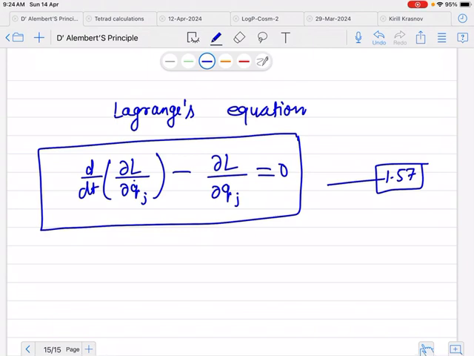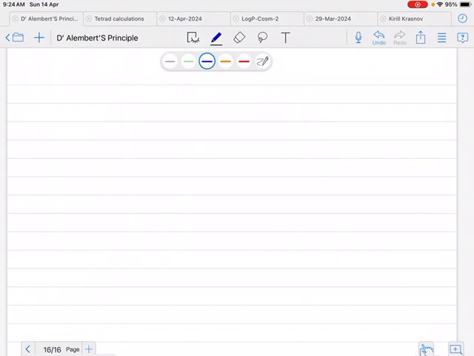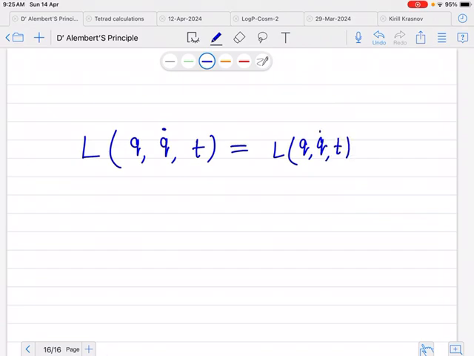And one additional thing I want to add: this Lagrangian function depends upon the generalized coordinate q, generalized velocity q dot, and time. It remains the same if we change this Lagrangian by adding some additional function, df over dt.